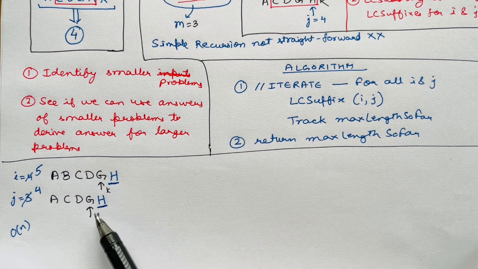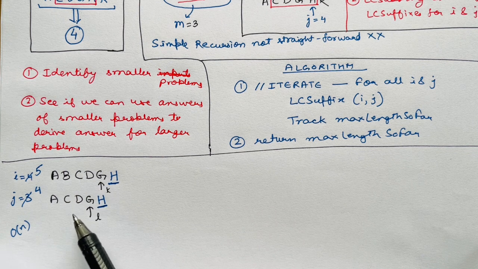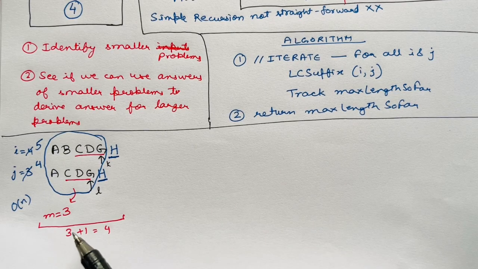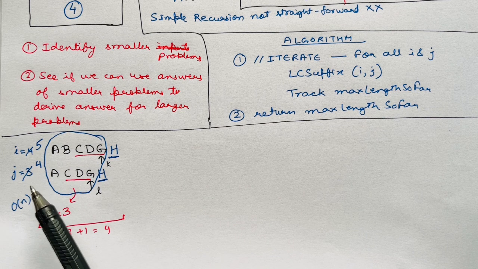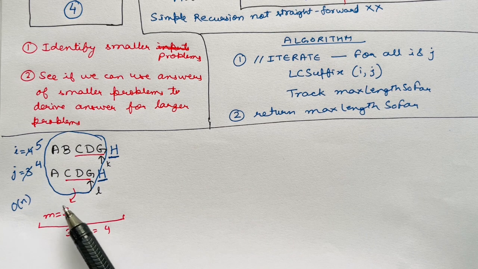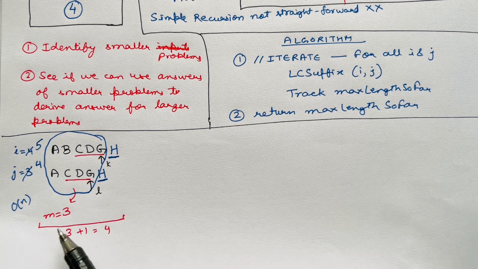We will compare the two characters and then move one position prior. We will continue to do that till we find a non-matching character. But isn't this inefficient? We already know the answer to this problem till i equal to 4 and j equal to 3. The answer is 3 because CDG is the longest common suffix between the two.